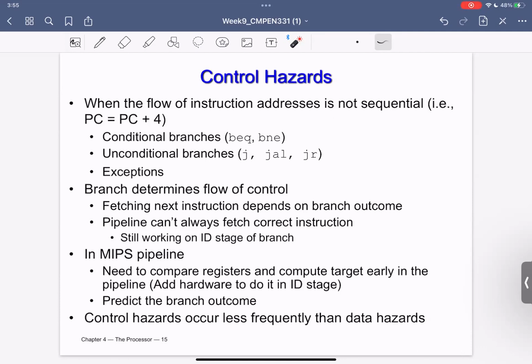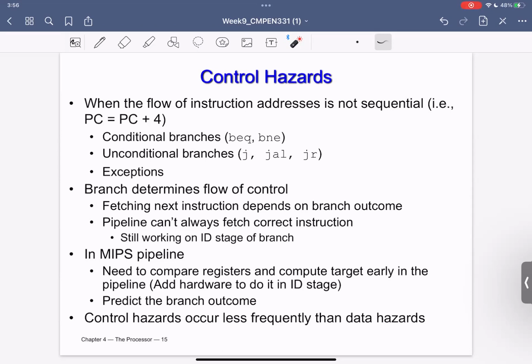In some situations, I have a jump instruction, for instance. And if I have a jump instruction, my next instruction is not at address program counter +4. It will be at a particular address that is written after the jump. I'm telling you to jump to that particular line. I am in line 2, but then you have to jump to line 1000, for instance. So the next instruction will not be the one in line 3, correct?